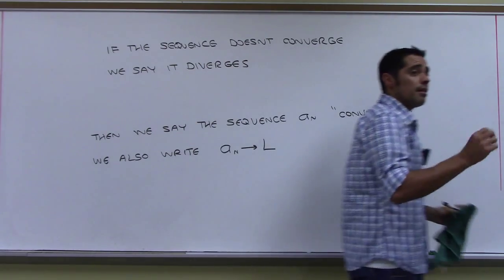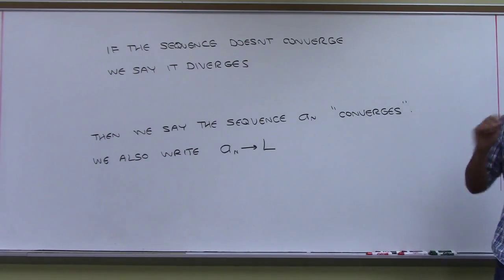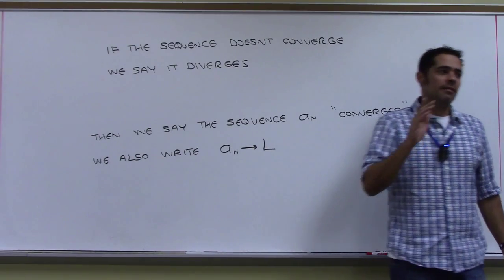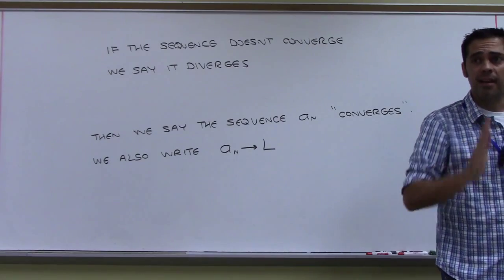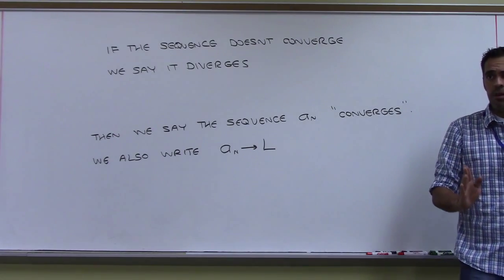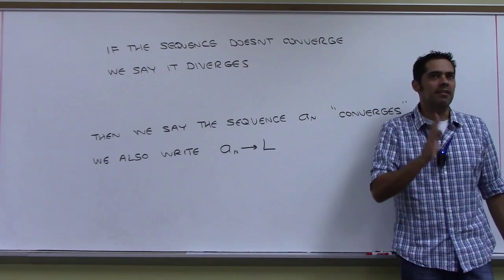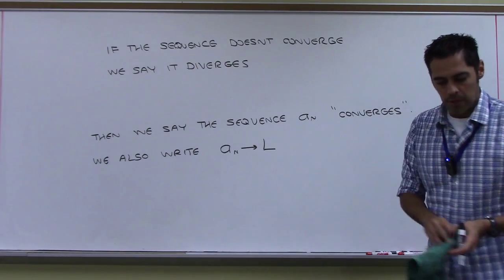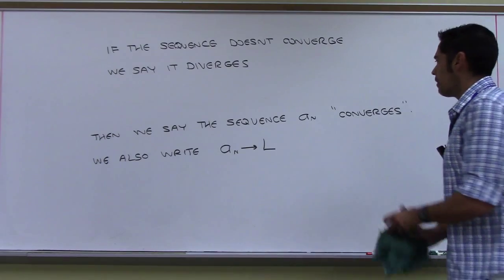This is an important concept. It's subtle, but it's important. We are not saying that the sequence must go to infinity or negative infinity to diverge. We are just saying that if it doesn't converge, then it diverges. With me? Okay. All right.